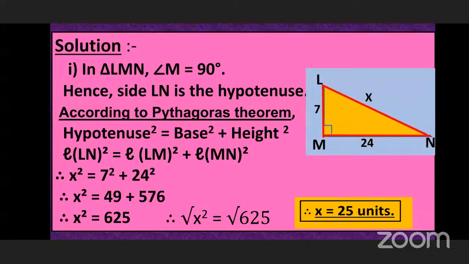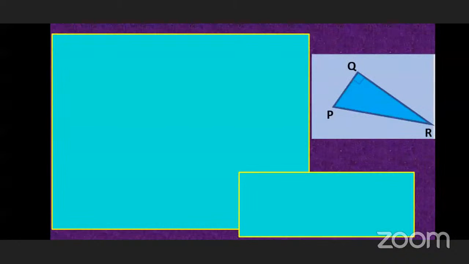Let us move to the next sum. See, on the screen, you can observe a figure. Can you name the right angle triangle which is shown? PQR. Yes, it is PQR.